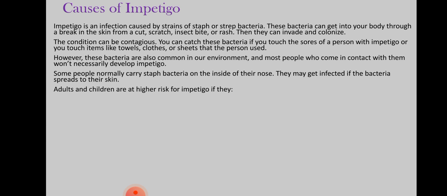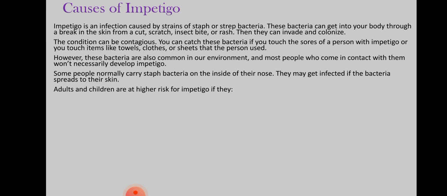The cause of impetigo is an infection caused by a strain of staph or strep bacteria. These bacteria can get into your body through a break in the skin from a cut, scratch, insect bite, or rash. Then they can invade and colonize. The condition can be contagious.